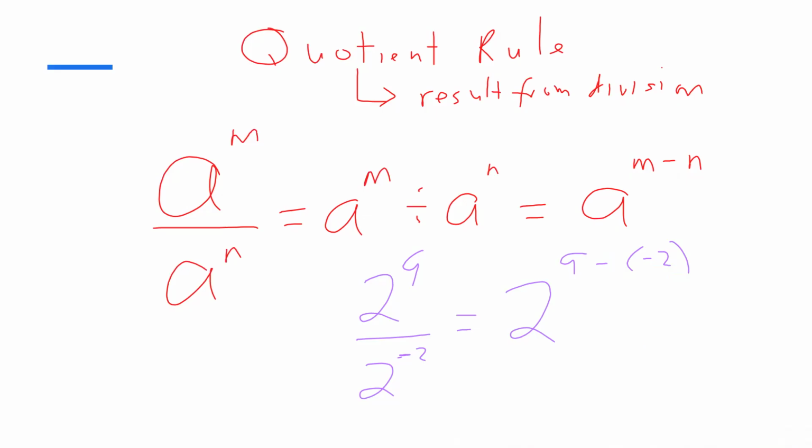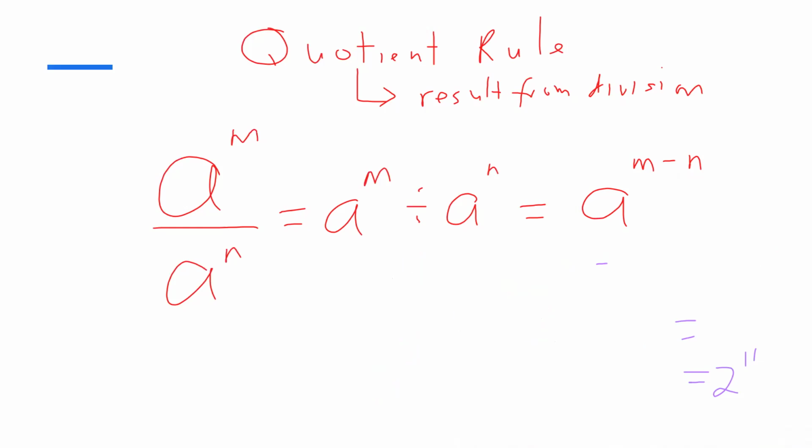You know that a negative times a negative is positive, so you've got 2 to the power 9 plus 2, which is 2 to the power 11, which means you're multiplying 2 by itself 11 times. So it doesn't matter if the exponent is negative or positive. Just apply the rule like I did with this problem, and that's it.